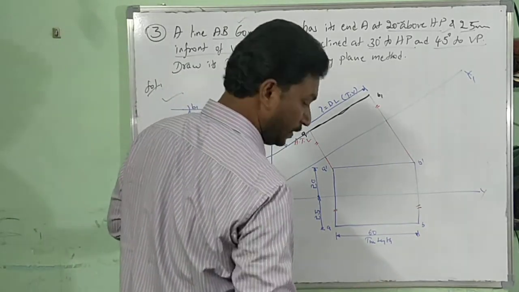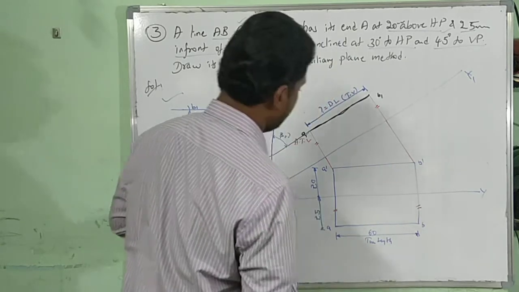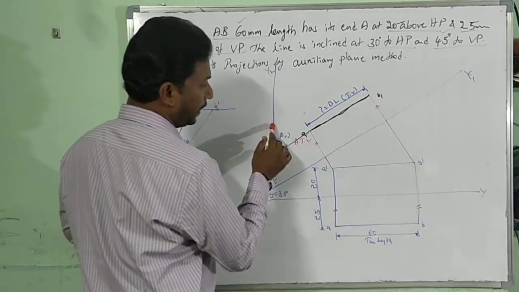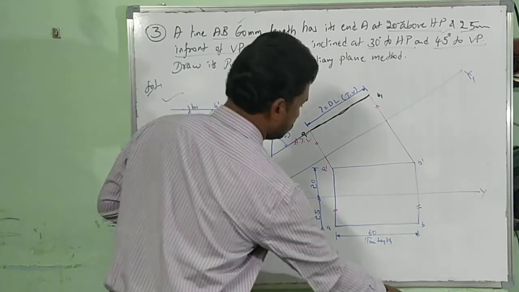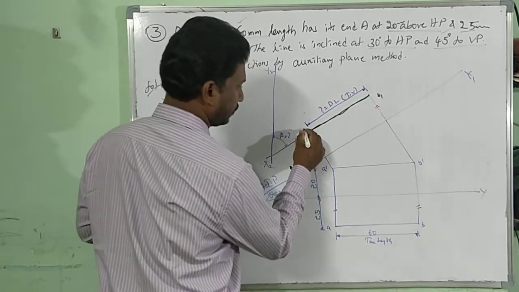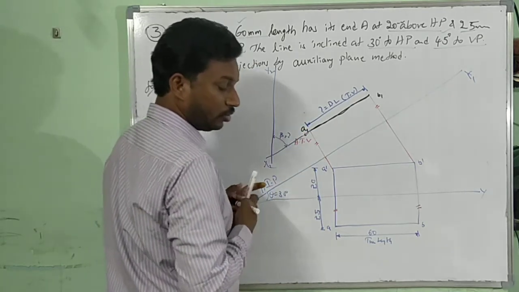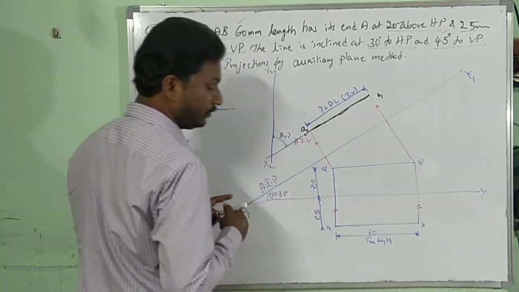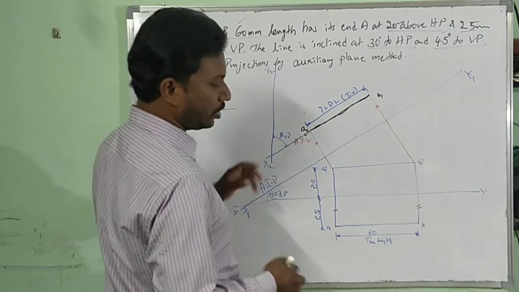After maintaining it, you are supposed to draw lines again, perpendicular lines from the previous points, right? Perpendicular lines. This is A1. See, I know you will be confused, but don't get confused. For this line, you have to draw a perpendicular.